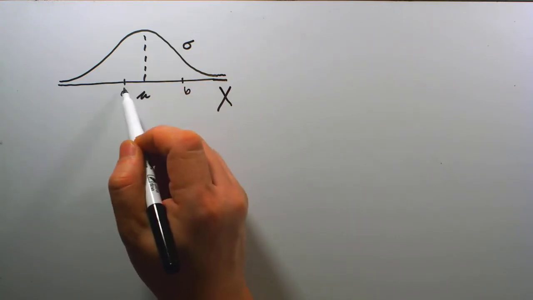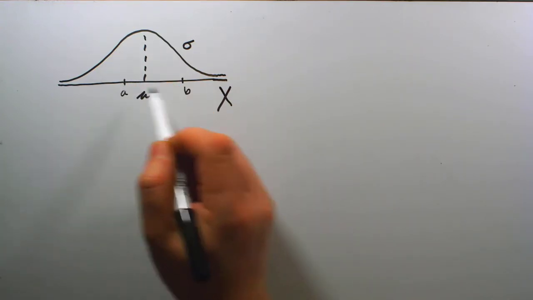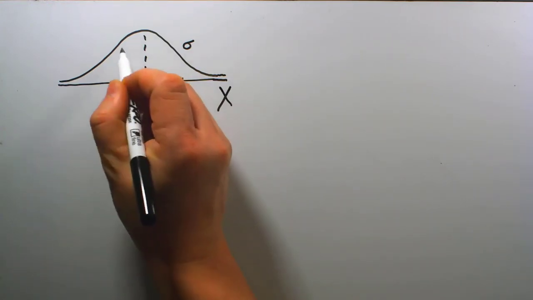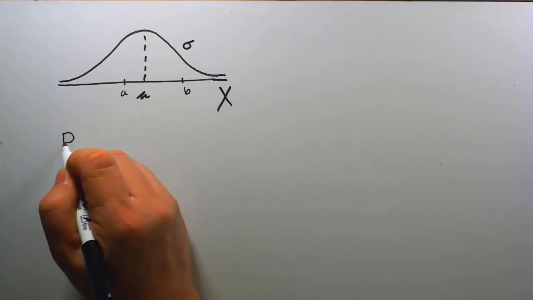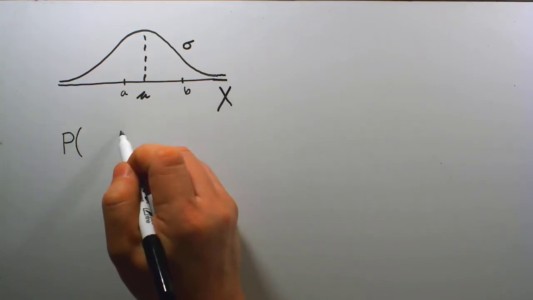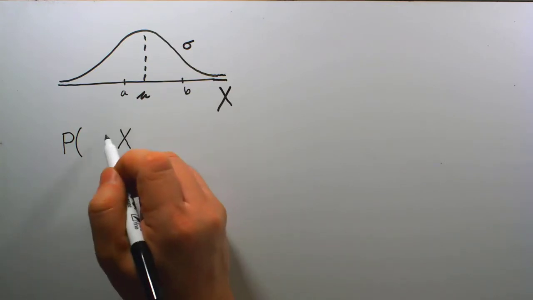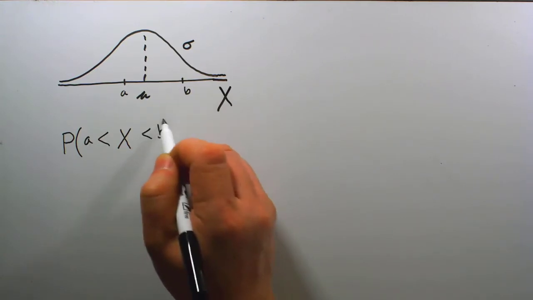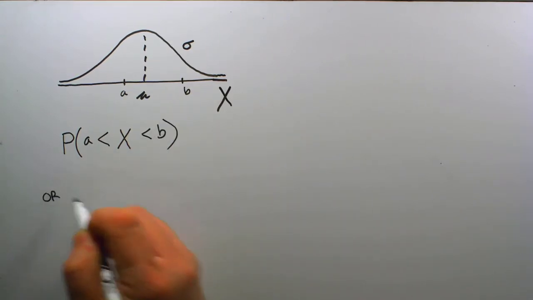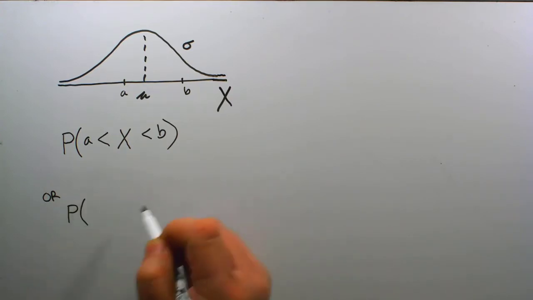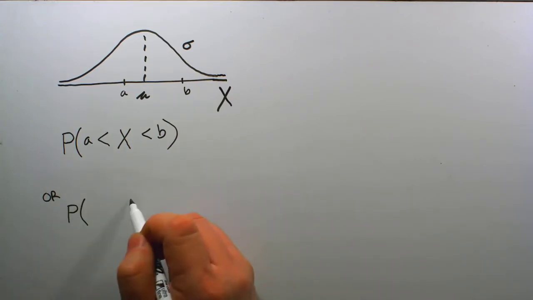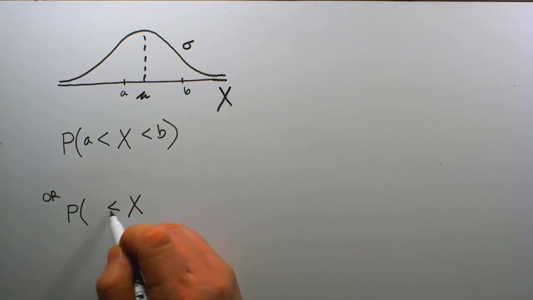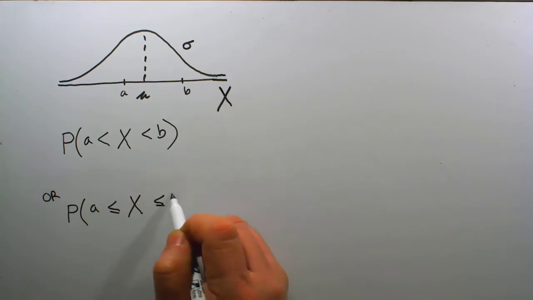Let's say for a being less than b, here we have an interval from a to b. And so the probability that on this bell curve, the random variable takes a value anywhere between a and b, or including the inequality, we can have a statement as following. Find the probability that our random variable capital X here takes value anywhere from a to b.